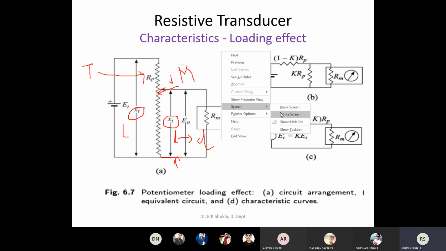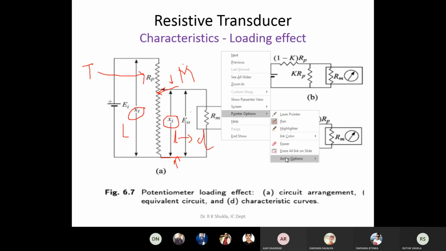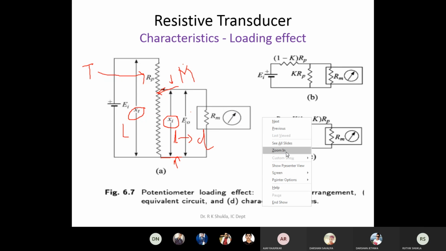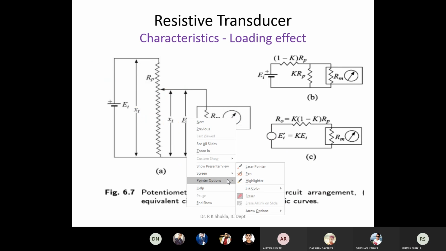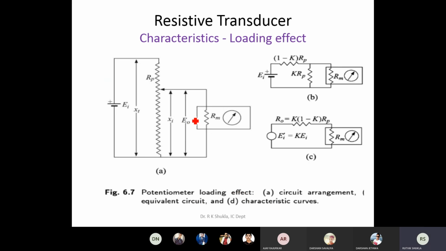Now EI is the source of excitation, and E0 is the output voltage. Now if you want to identify the effect of this sliding contact, then we are going to put a voltmeter over here.